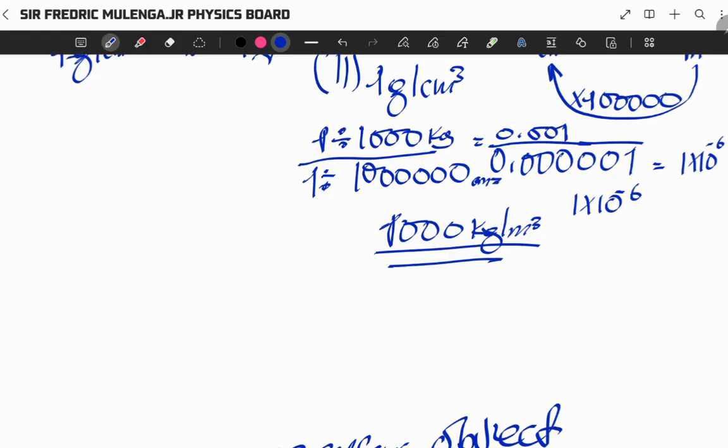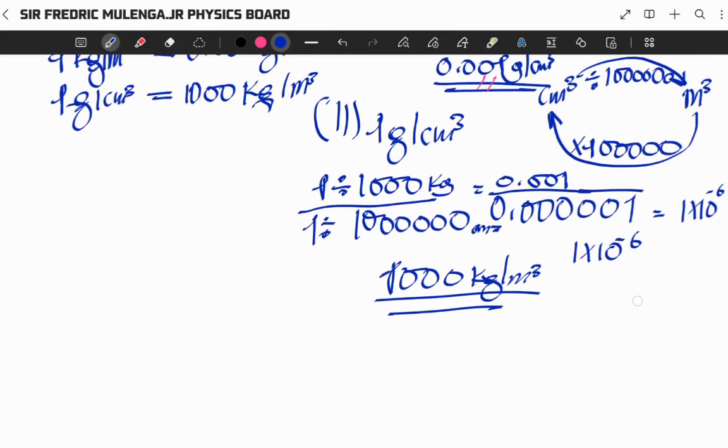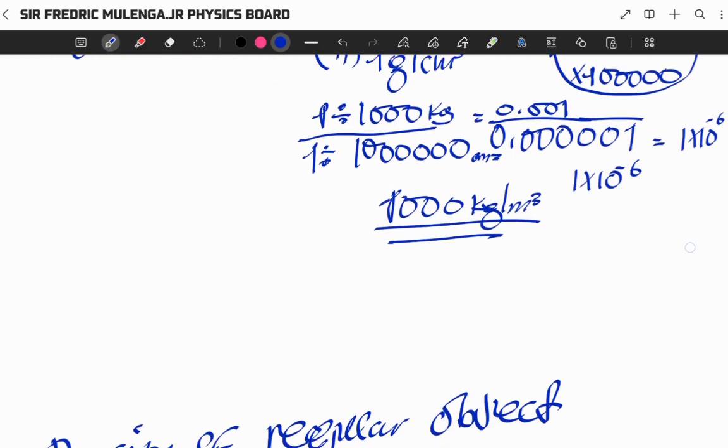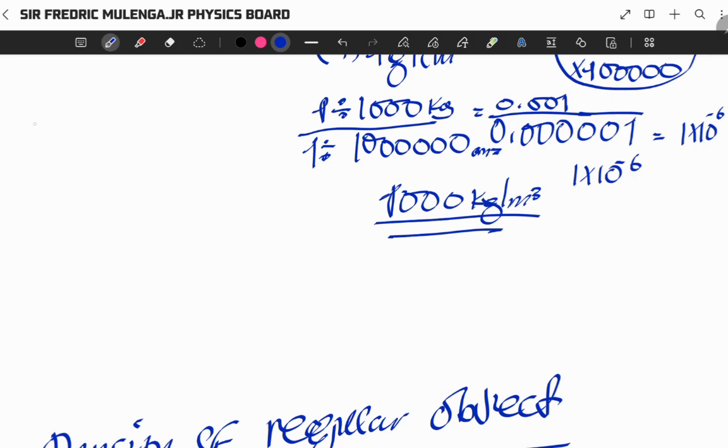Now when you are handling problems with density, you don't need to go through all this pain. I'll give you a quicker method that you can use. Method 2: you use the Samlenger's cycle.